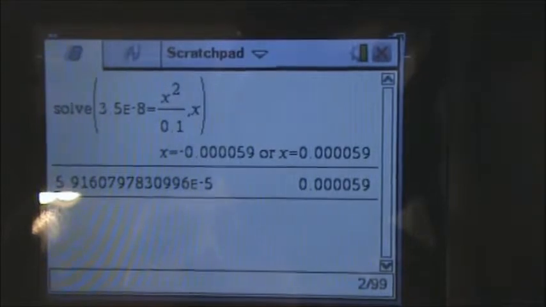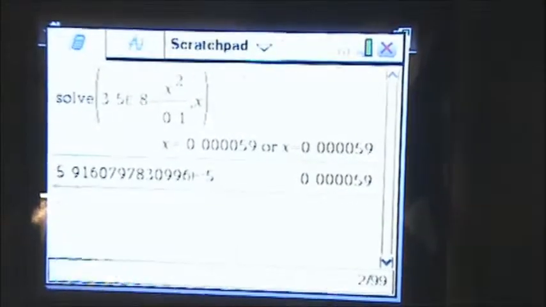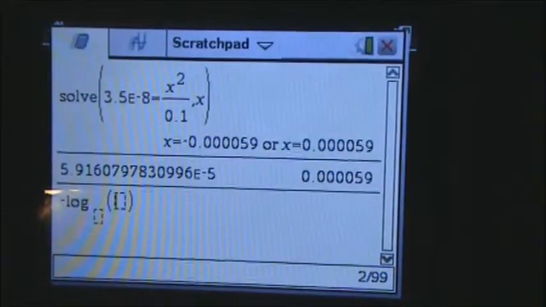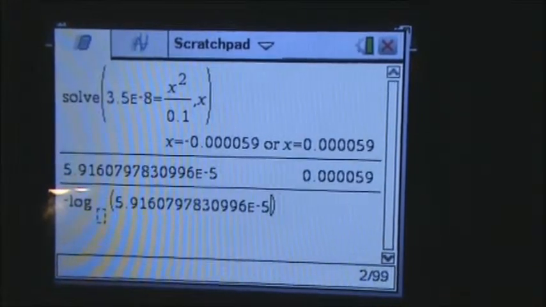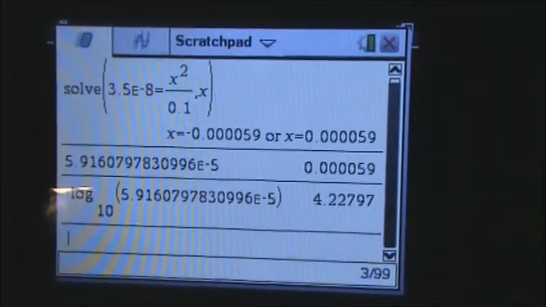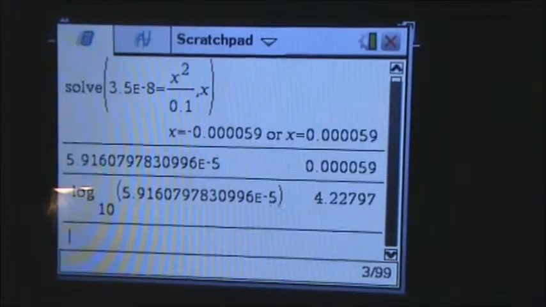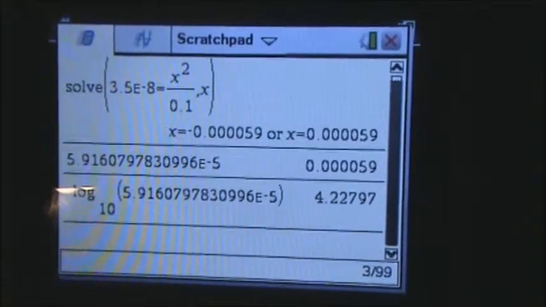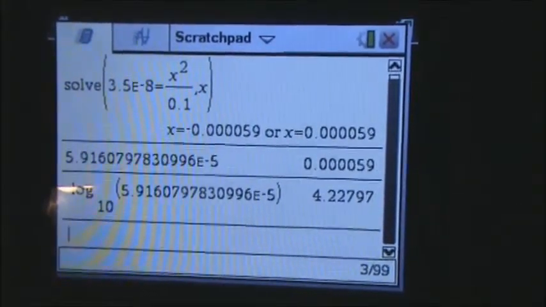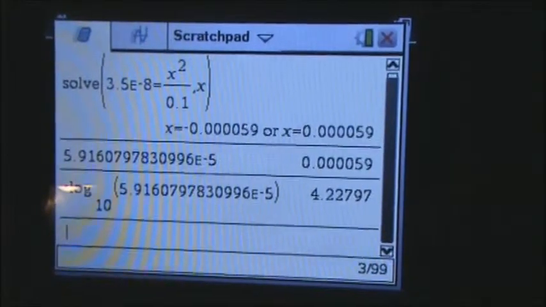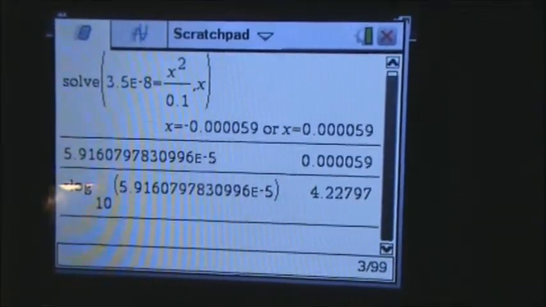Using this value, we will solve for pH. Since the original concentration was given to us in 3 sig figs, we need to use 3 decimal places after the decimal. Thus, the answer will be 4.228.